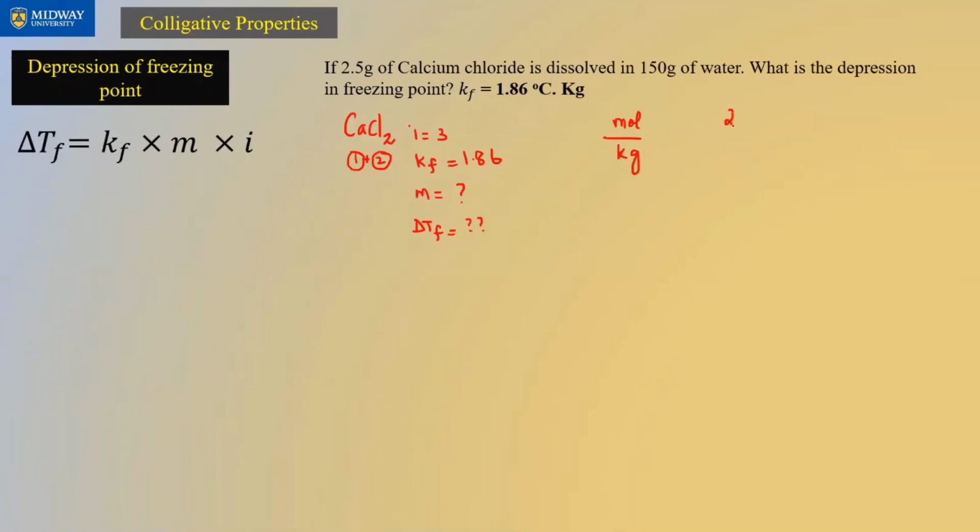We know 2.5 grams of CaCl2, which is in turn the same as, calcium molar mass is 40, plus 35 times 2 is 70. So roughly about 110 grams over 1 mole. And that'll give us 2.5 over 110.